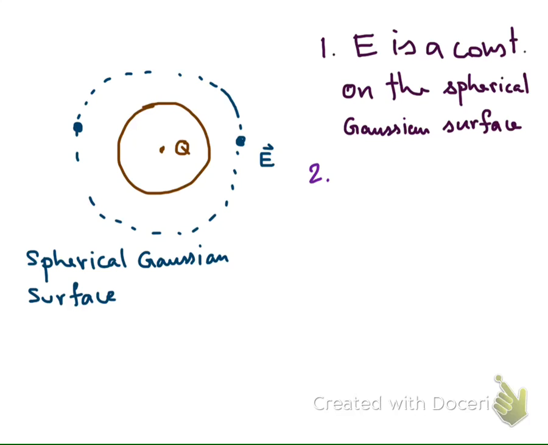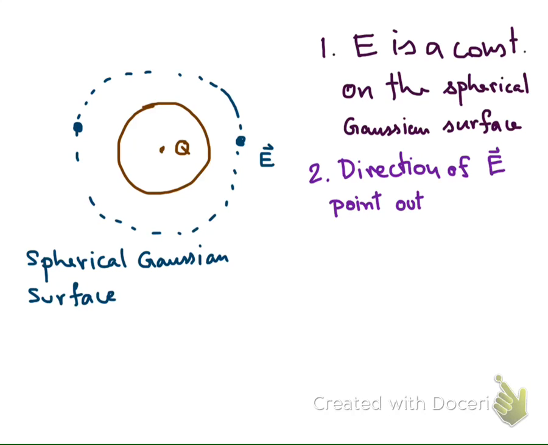Okay. And we can expect the second expectation, that the direction of the electric field E points in the radial direction.